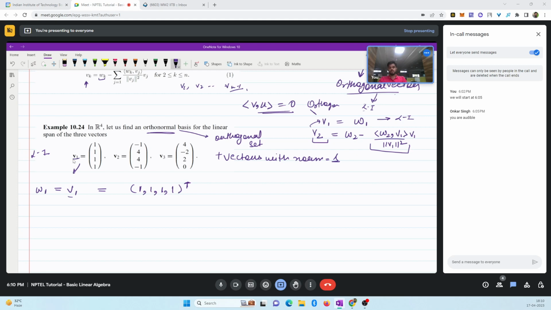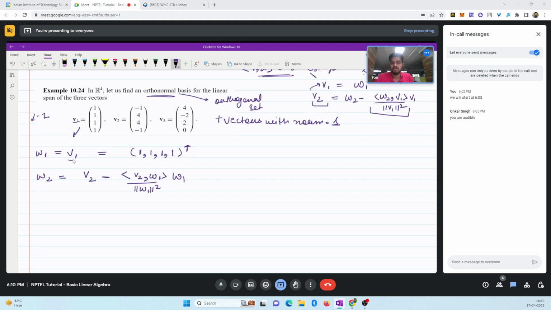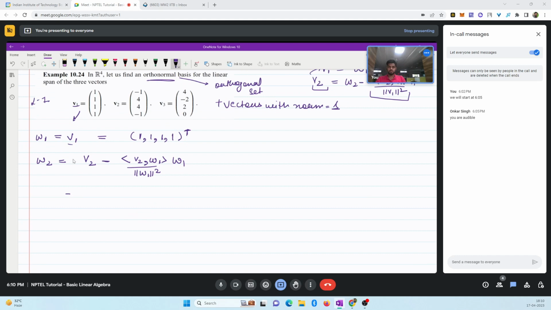Now, in order to obtain w2, as per the instruction, from v2 we need to subtract the projection of v2 onto w1. This is the formula that we have, right? Let's write it out here only.